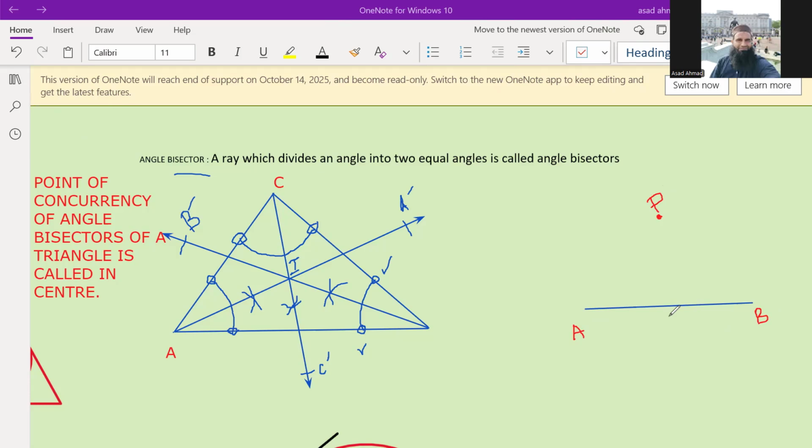For that purpose, you have to put the nib of the compass at point P, and open the compass in such a way that it intersects the line segment AB at two points, like this one. Then mark these two intersecting points, and from these two points draw two further intersecting arcs like this one.